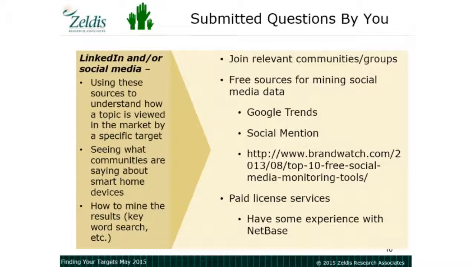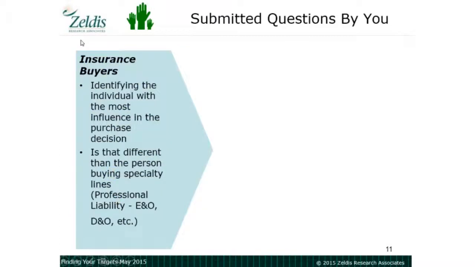As I mentioned, the drawback is the fact that you do have to pay by the user, and it's an annual fee. One of the other questions that we received was about reaching out to insurance buyers, basically figuring out who is the individual with the most influence in the purchase decision.